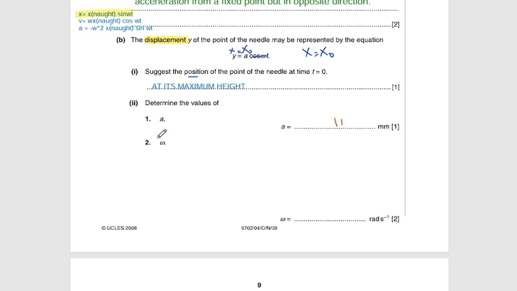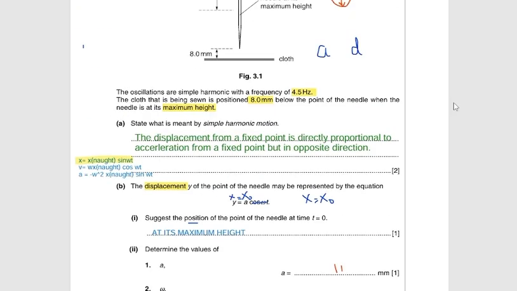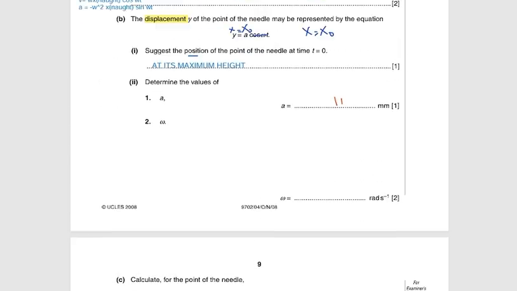Now omega, pretty simple. You know omega is 2 pi f or 2 pi by t, depending on what they have given to you. In this case, they have given us the frequency, which is 4.5, so you will simply write 2 pi f.